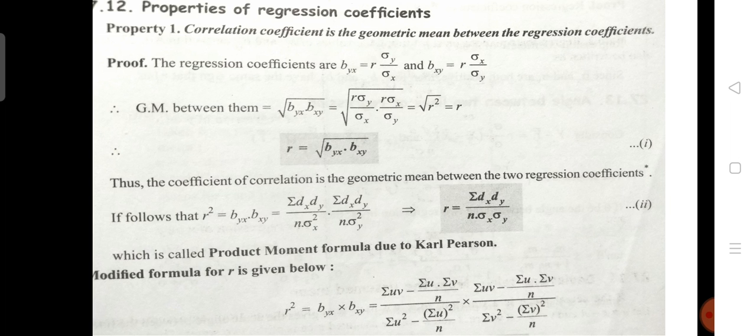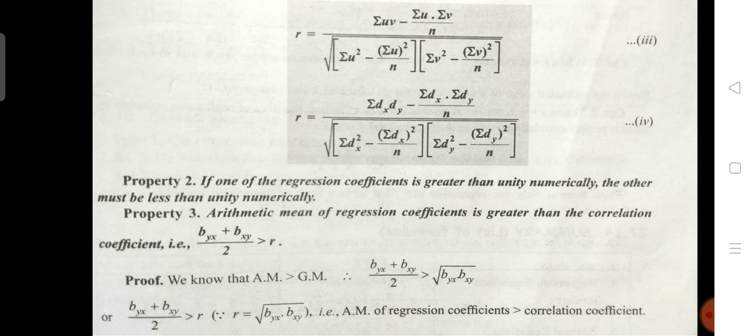The modified r is sigma dx dy minus sigma dx into sigma dy by n, divided by the root of sigma dx square minus sigma dx the whole square by n, into sigma dy square minus sigma dy the whole square by n. This is the first property. Second, if one of the regression coefficients is greater than unity numerically, then the other is less than unity.